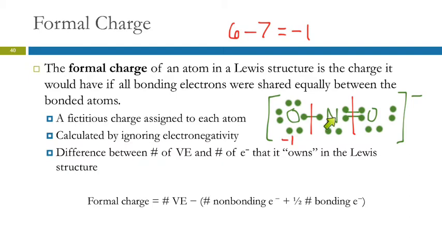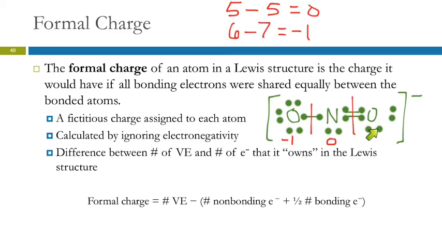Let's look at this nitrogen. How many valence electrons does nitrogen have by itself? How many did it bring into the business? 5. How many is it leaving with when we break this up? 5. 5 minus 5 is 0. The formal charge on this nitrogen is 0. We don't usually write 0 formal charges, but I'm just going to do it here.